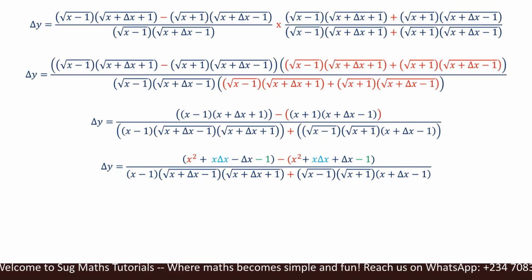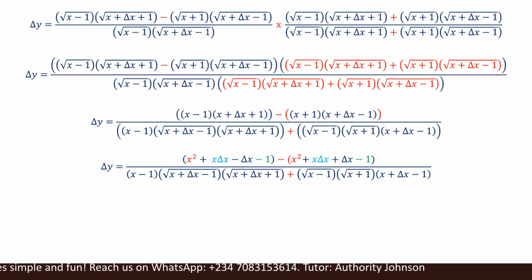So when we do so, in the first two brackets, we are going to have x squared plus x change in x plus x minus change in x minus 1. That's the first two brackets. Then we have minus the second two brackets. When we use x plus 1 to multiply, we're going to have x squared plus x change in x minus x plus change in x minus 1.